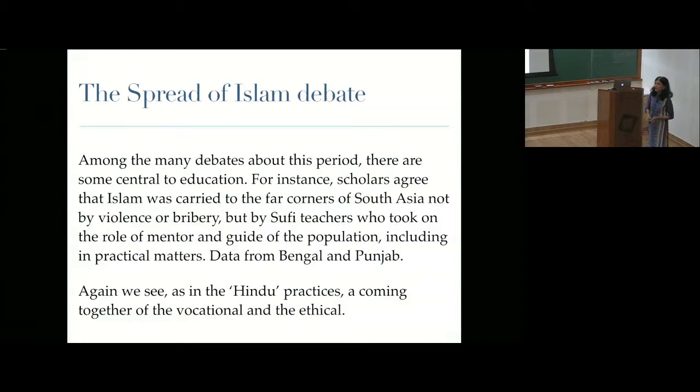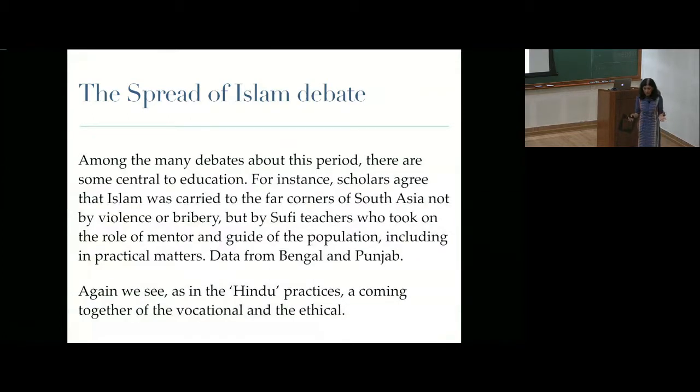So the very wonderful literature, especially on Bengal and on the Punjab, but some about South India also, tells us how these Sufi teachers specifically were looked upon as teachers. That's what they were called.